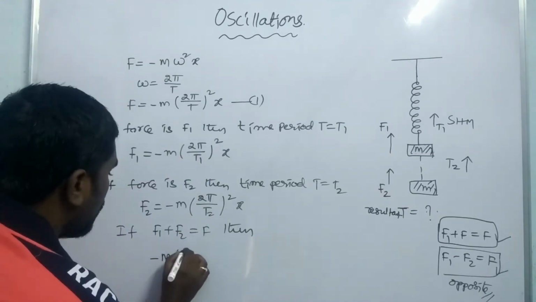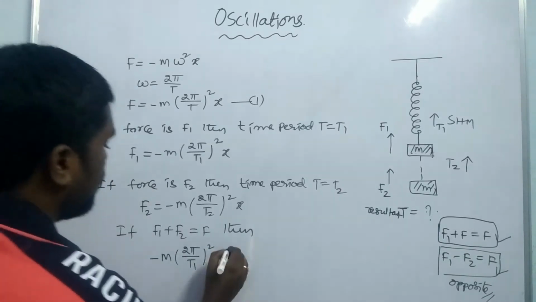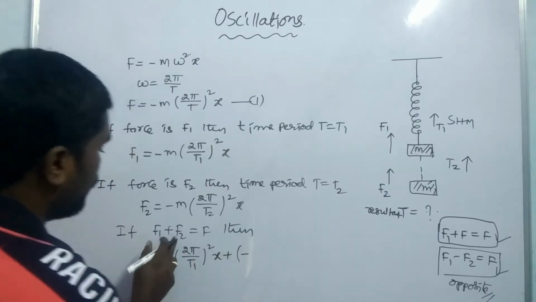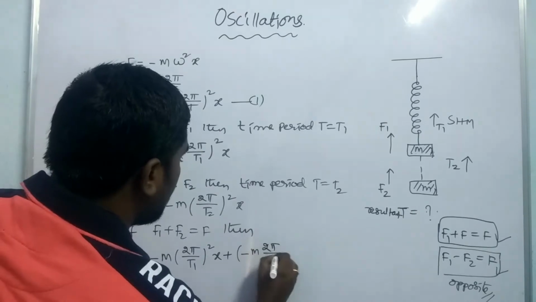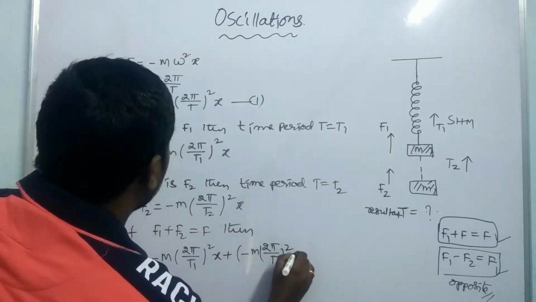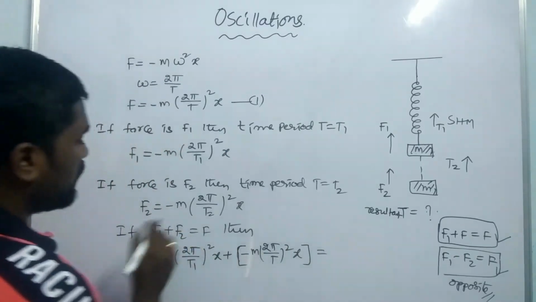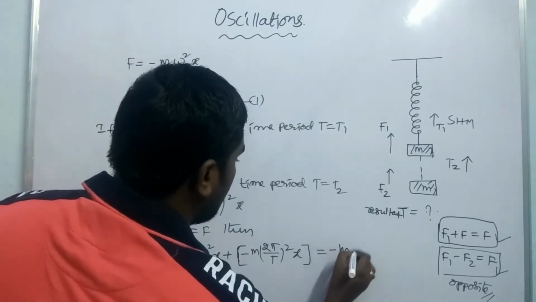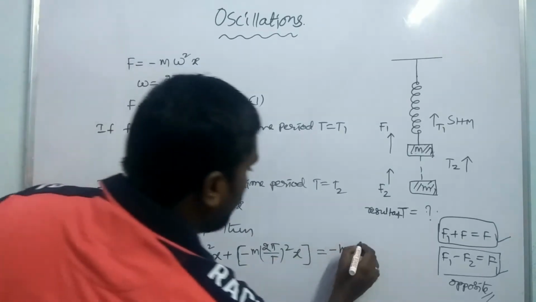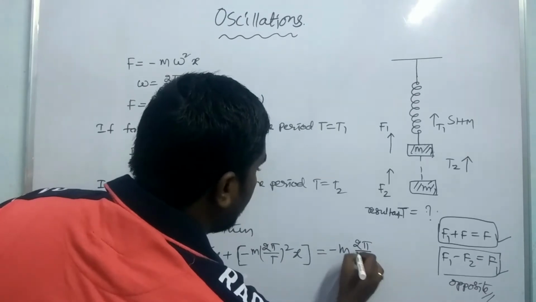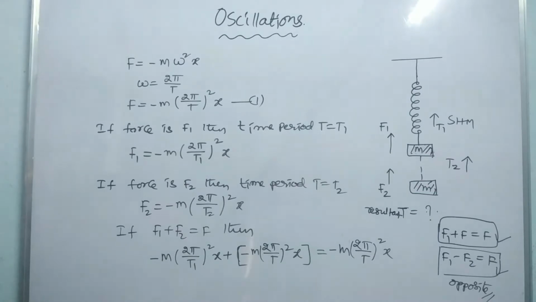Minus m into 2 pi by T1 whole square into x, plus F2 which is minus m into 2 pi by T2 whole square into x, is equal to F, which is equal to minus m into 2 pi by T whole square into x here. So then here, what is the common factor?